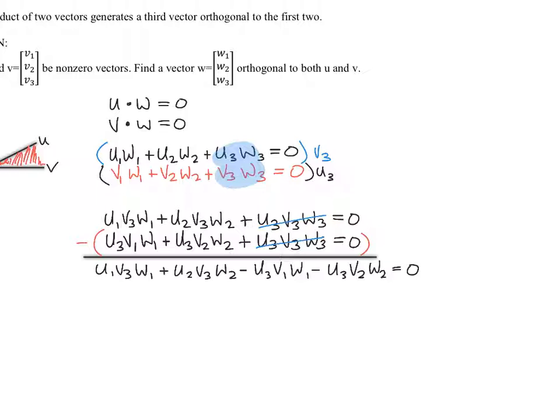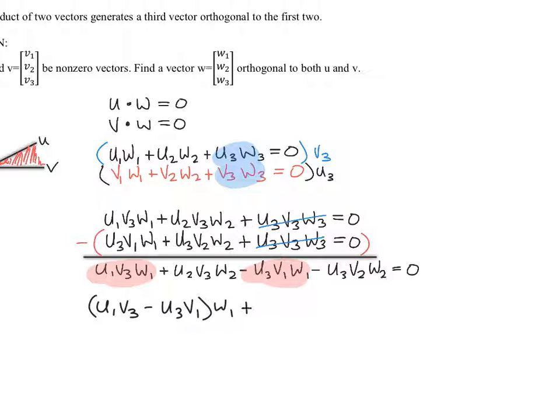So I can regroup. It looks like I just have W1s and W2s, so I can reorganize a little bit. Here are my W1s. I'm going to rewrite that as U1 V3 minus U3 V1 times W1.